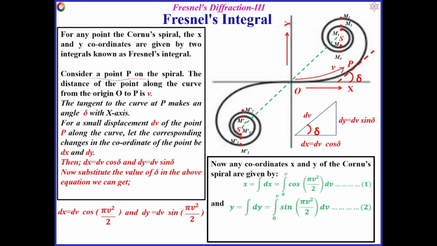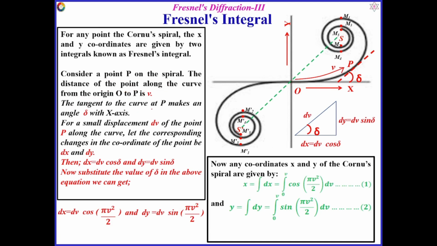Consider a point P on the spiral. Suppose this is our so-called cornu spiral, and this is the point P. The distance of the point along the curve from the origin to P, we consider as small v.